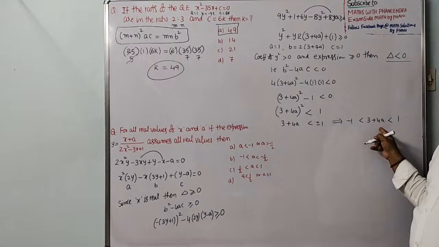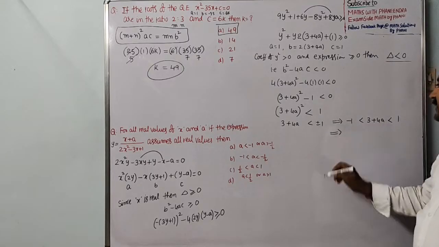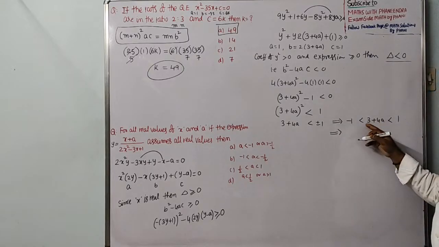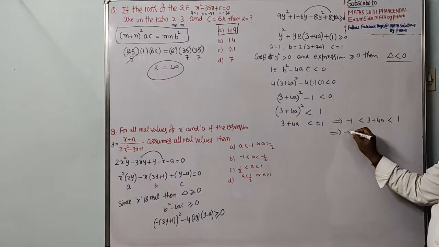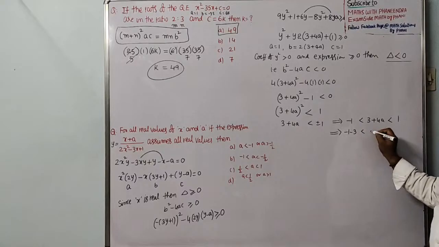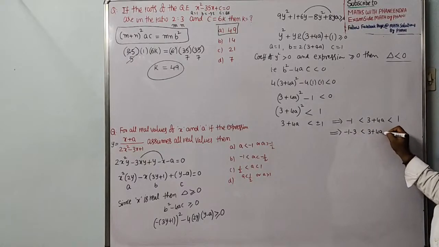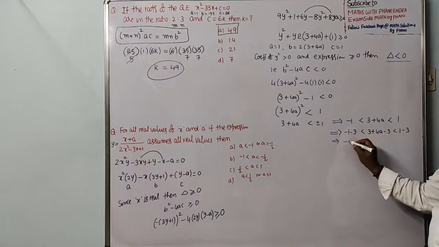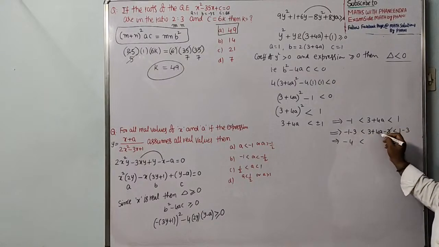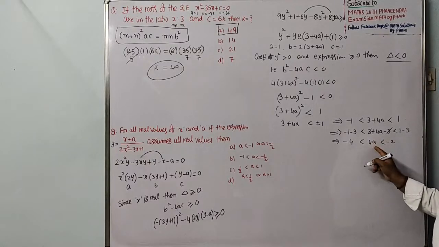I want to get a value, so how to get it? I want to get a value means first I have to eliminate 3 from here. So subtract 3 from every term. So it will be minus 4 is less than 4a is less than minus 2. I want to get only a here.